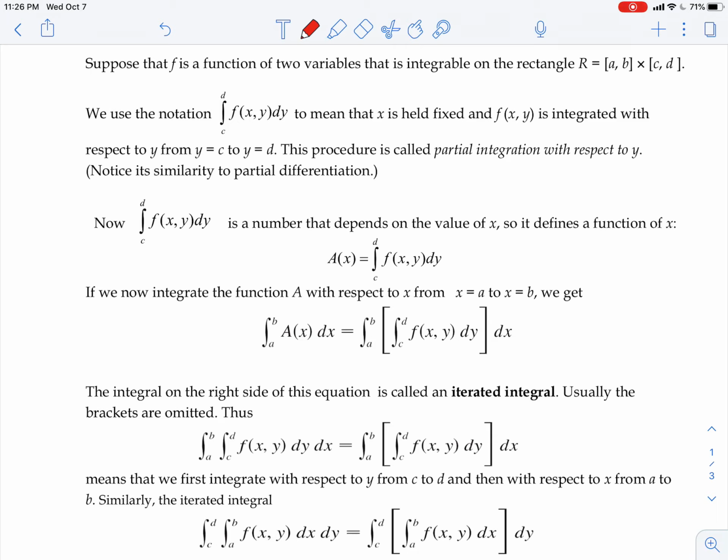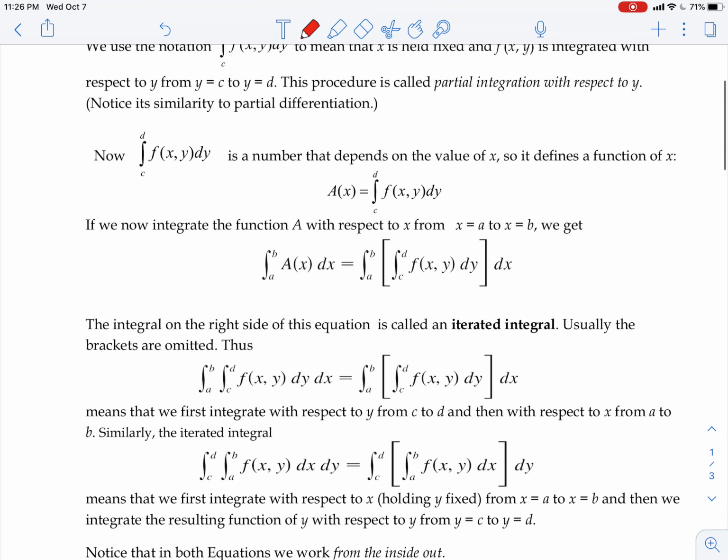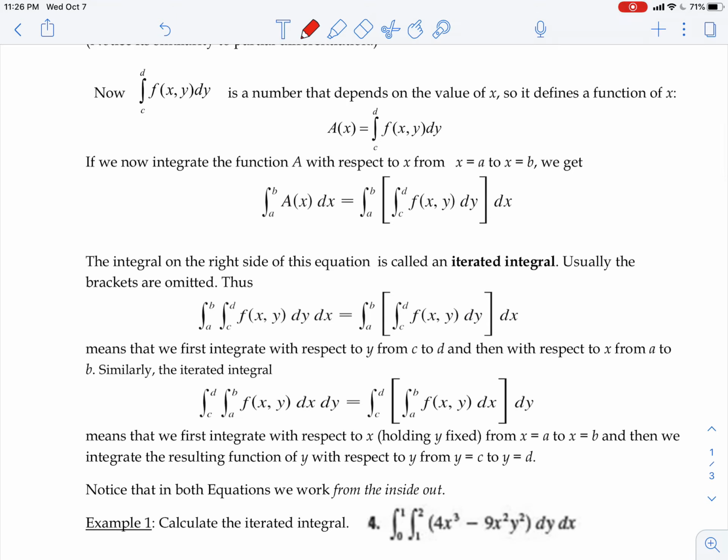The integral on the right side of this equation is called an iterated integral. Usually the brackets are omitted, and thus we have the integral from a to b of the integral from c to d of f of x, y dy dx.